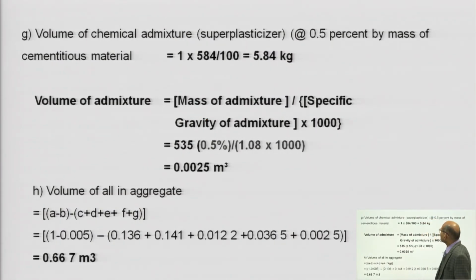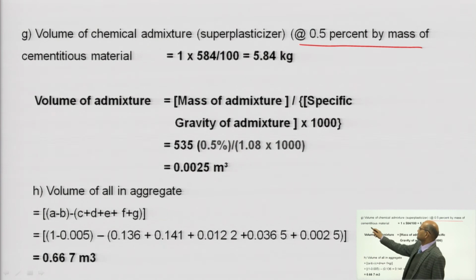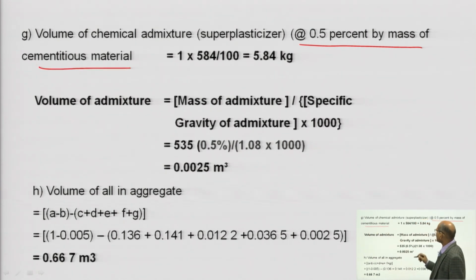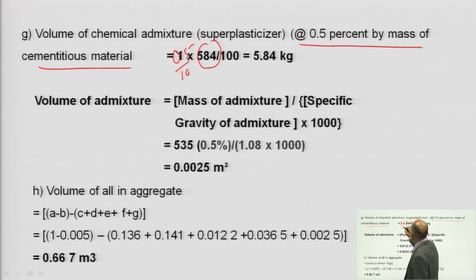So, the chemical admixture, superplasticizer, is at the rate of 0.5% by mass of cementitious material. The total cementitious material is 584, so you take 0.5 by 100 of that.